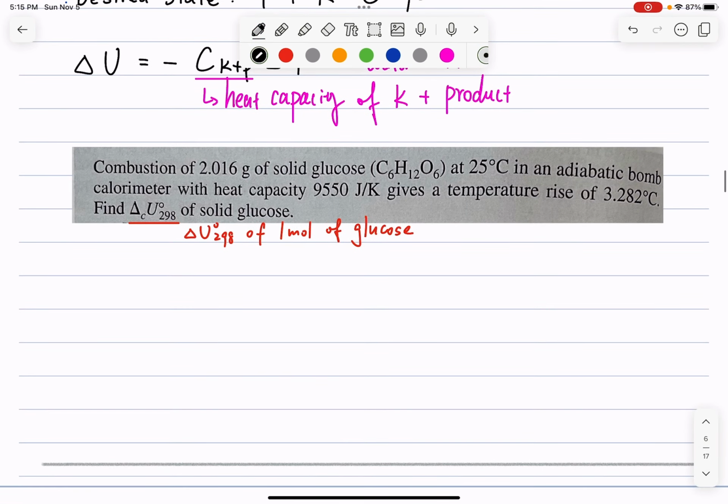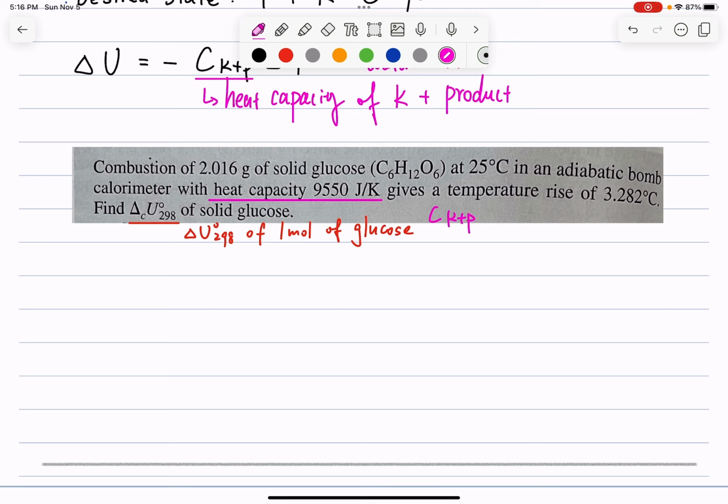But let's look at an example problem together and hopefully it will start to make more sense. Let's imagine we're talking about the combustion of 2.016 gram of solid glucose, C6H12O6, at 25 degrees Celsius, in an adiabatic bomb calorimeter with heat capacity of 9550 joule per Kelvin. This is giving us the heat capacity, or what we want is our C_K plus P in this case.